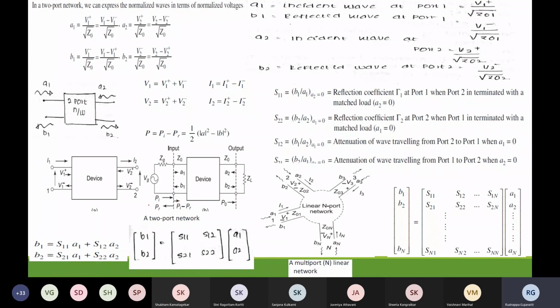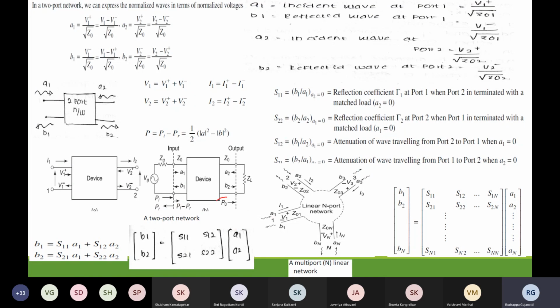So we have PI, which is the power being fed or incident at port 1, and PR is the reflected power at port 1, the same port where PI is given. And PI minus PR is the power which is actually being transmitted over the network. So these are the three parameters: PI, PR, and PI minus PR.